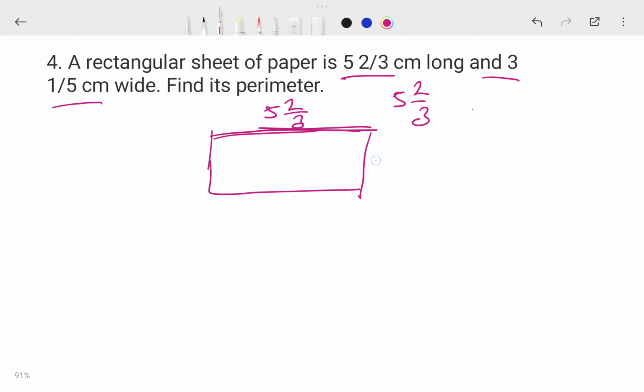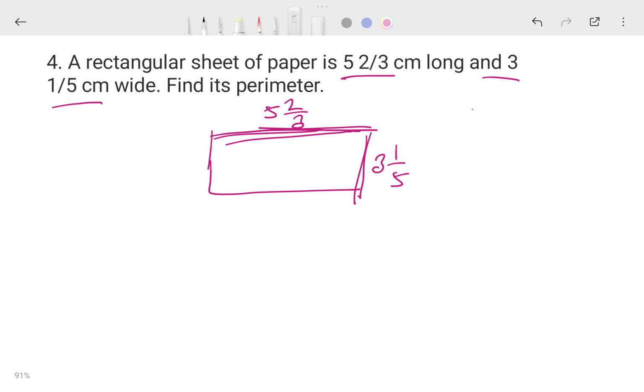It means this distance is 5 2 by 3 centimeters long, and this 3 1 by 5 is the width. This is the long side, this is the wide side. Now it is telling you to find the perimeter.